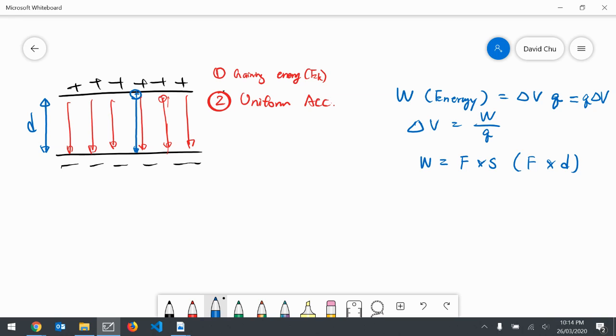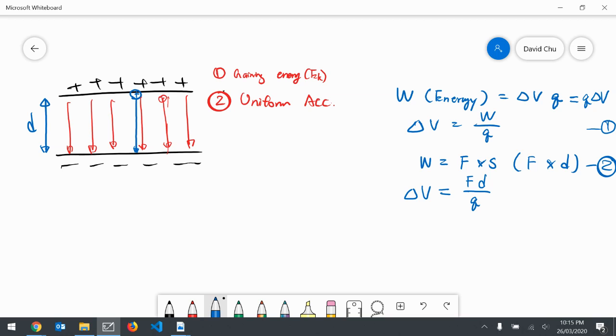But if your field is actually changing, then that's not going to be linear anymore. If I call that 2 and I call that 1, then putting the two together, I get delta V, my electrical potential, equals my force times my distance divided by charge Q.